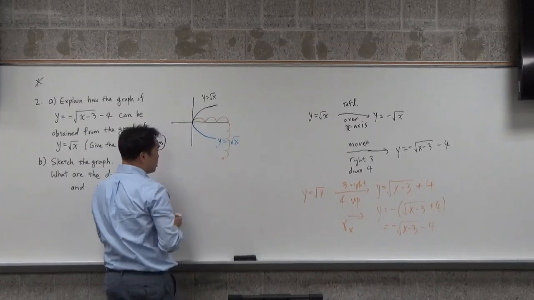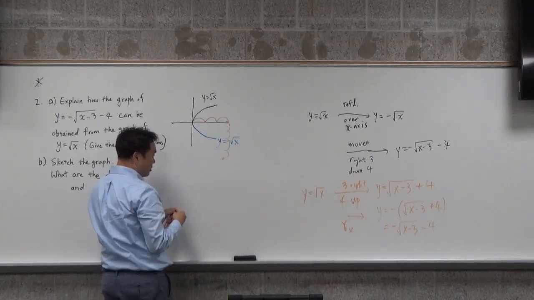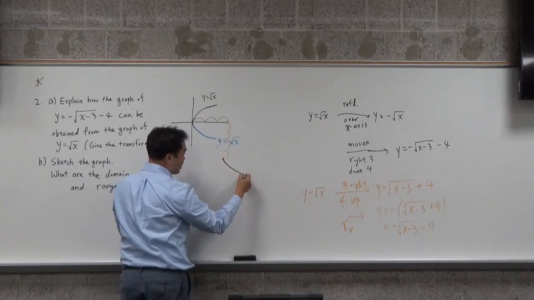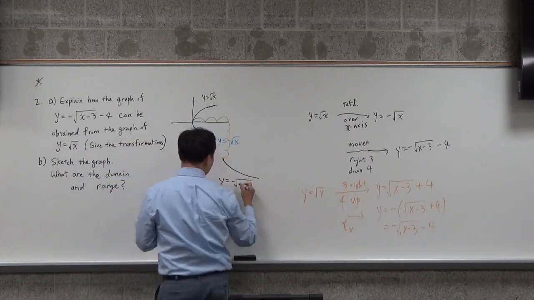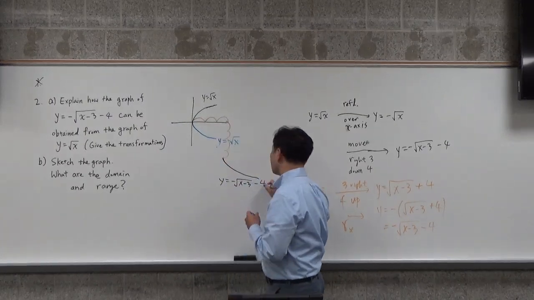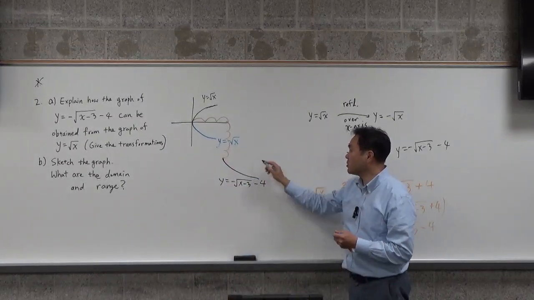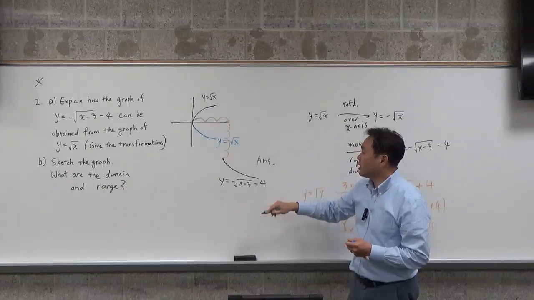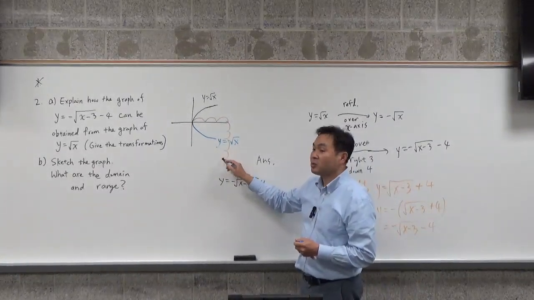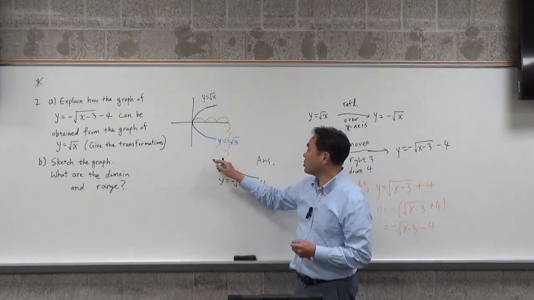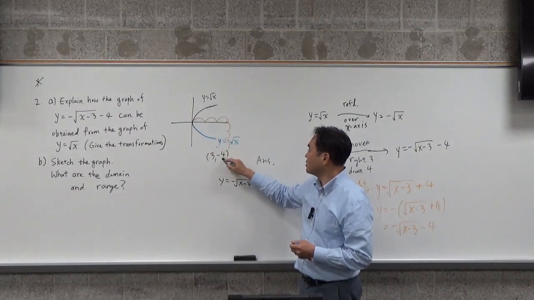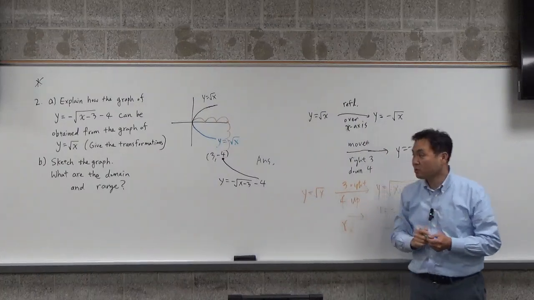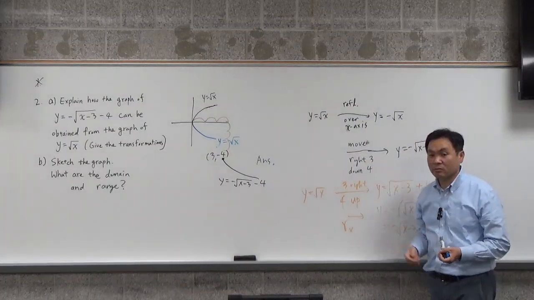So you have the final answer as this: the graph of y equals negative square root of x minus 3, minus 4. And it's good to have the coordinates of this point. This will be 3 comma negative 4, the beginning point of this curve.